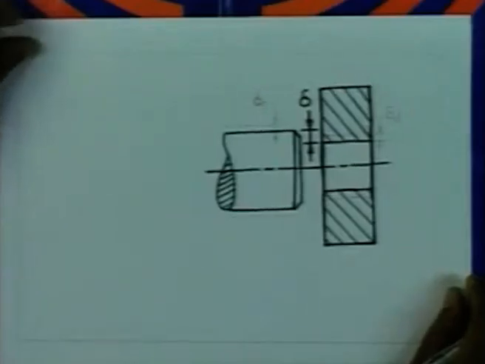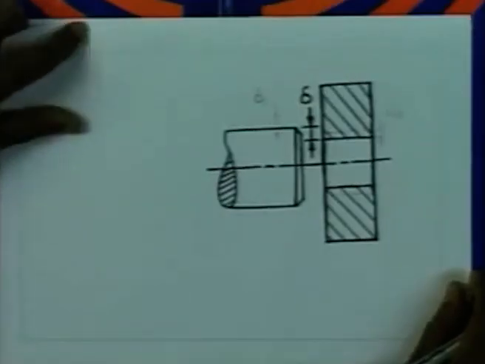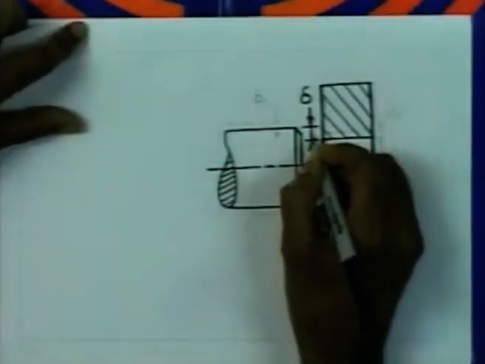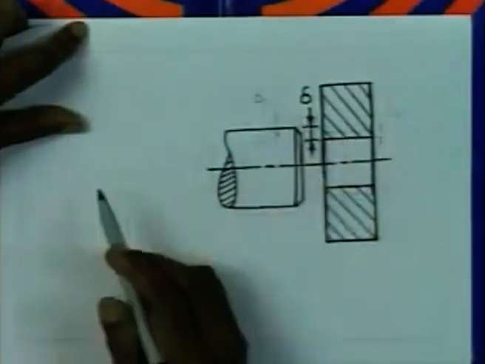Now, you can recall the solution strategy of the earlier problem. So, here we have the initial interference between the disc and the shaft given by delta.